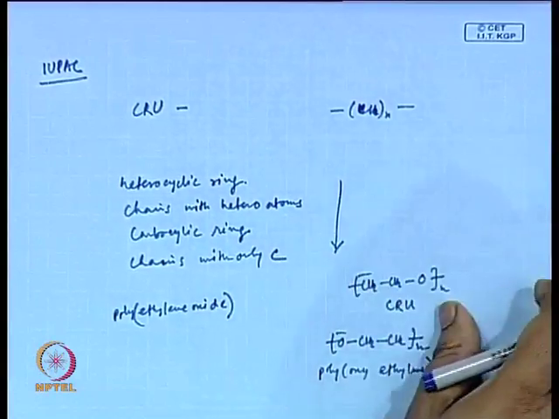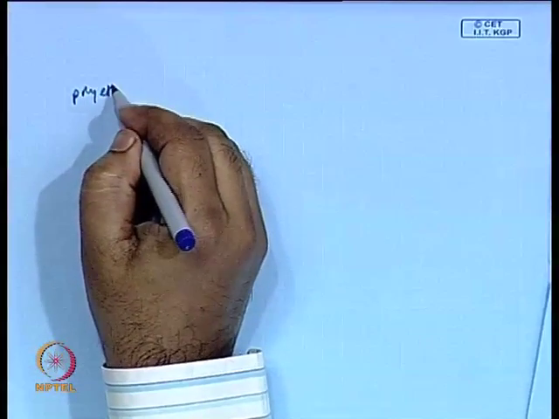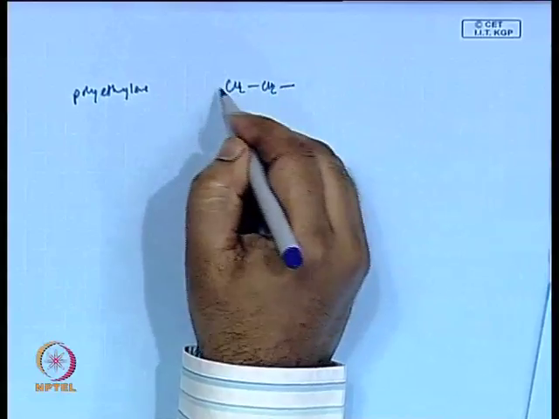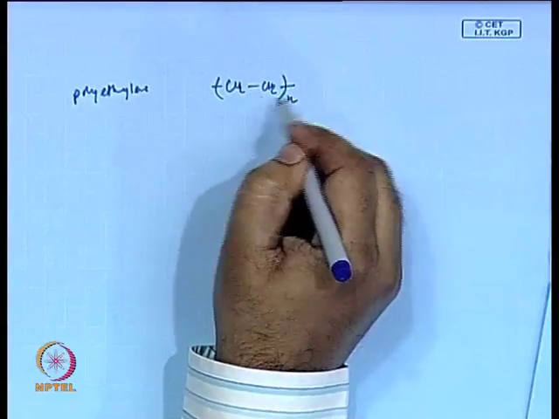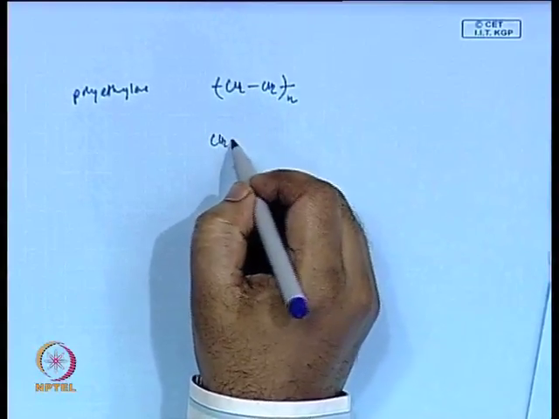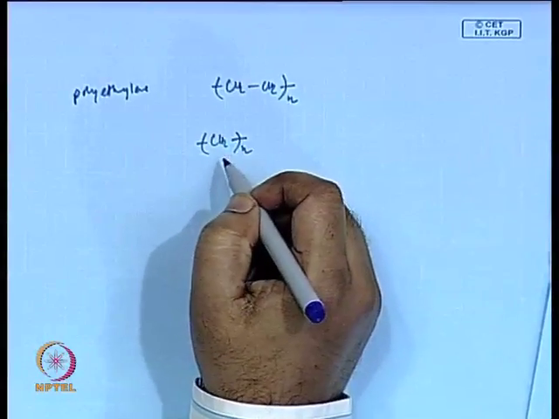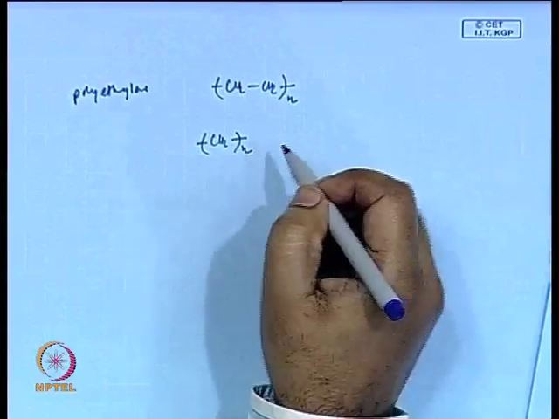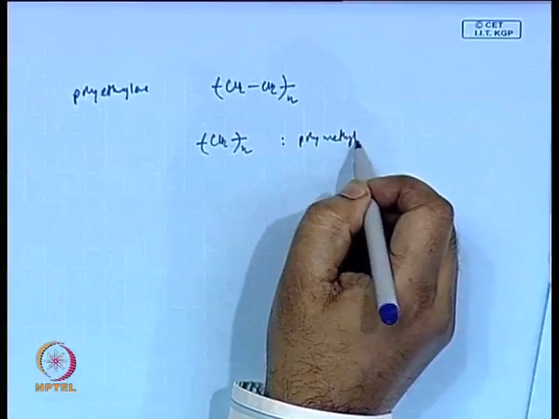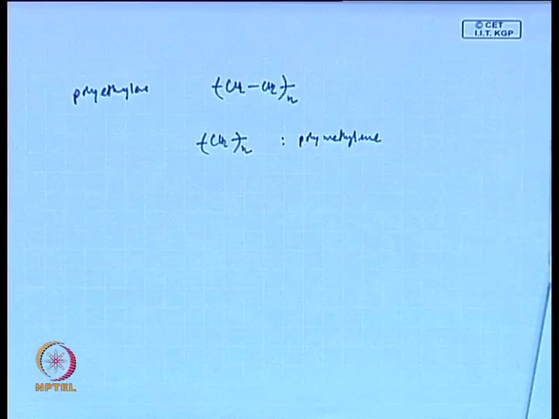So, though we name it polyethylene because we know that this polymer has been made from the ethylene molecule, because the constitutional repeat unit is this, according to IUPAC you have to say this as polymethylene. Okay.